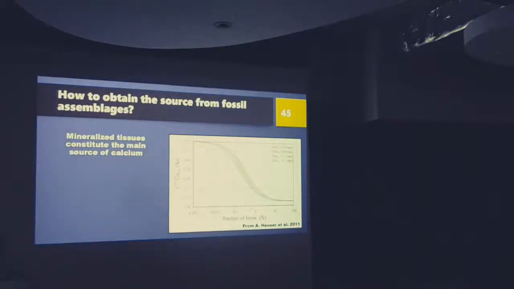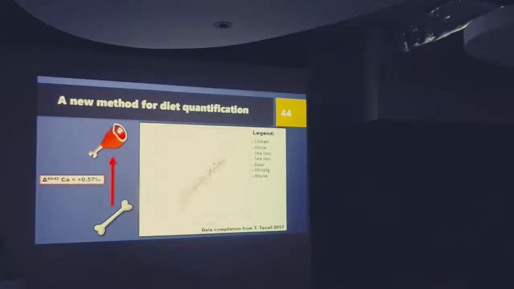By knowing that, we need to know the isotopic composition of the potential food sources of these predators, and then by comparing the theoretical food sources with the available food sources, we can make a diet model.